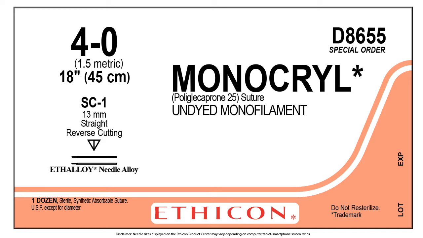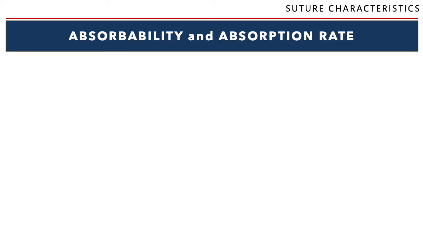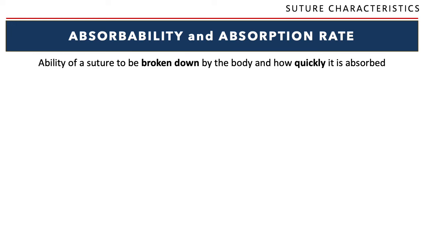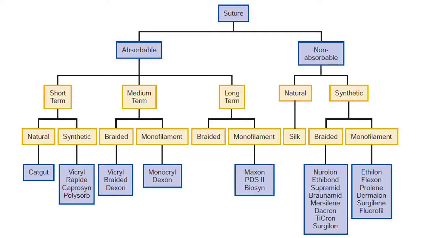All right. So let's talk about the other characteristics: absorbability and absorption rate. The absorbability is the ability of a suture to be broken down by the body and how quickly it is absorbed. When we categorize different suture materials by their absorbability, you will get this diagram.